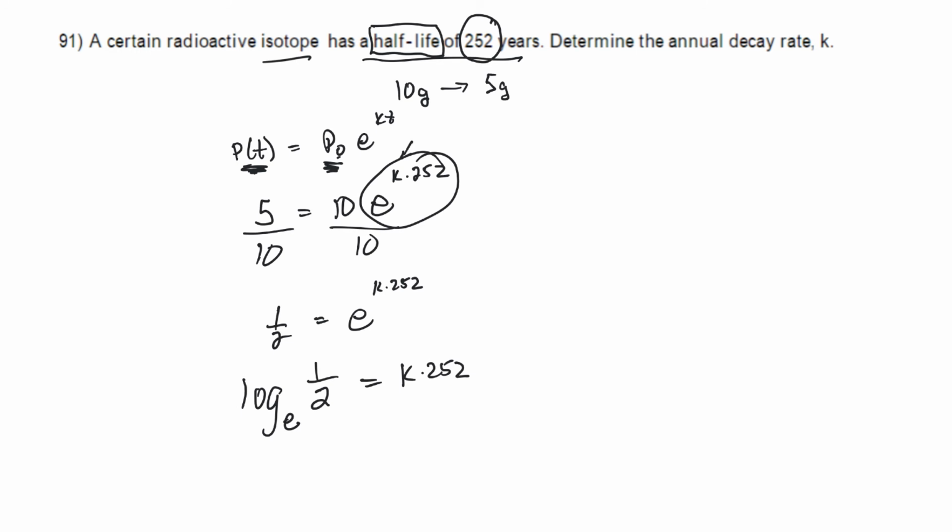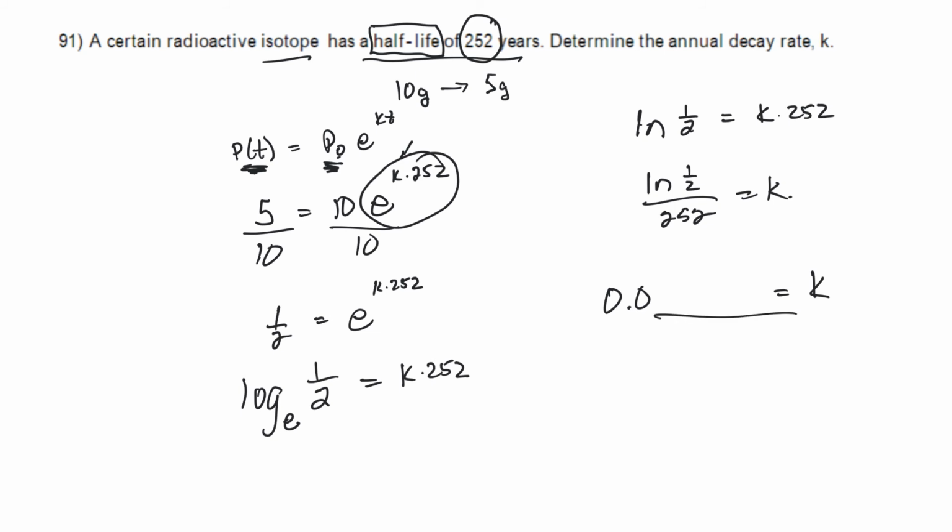And log base e is the same as ln. So ln of a half is equal to k times 252. And then just divide both sides by 252. And that'll tell you what your k value is. And k value is going to be a very small number. I won't do it, but that's how you solve that question. And they're just basically looking for k.